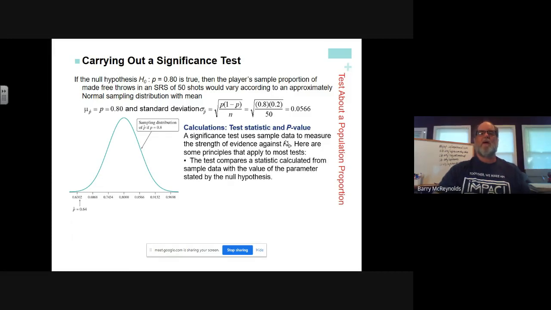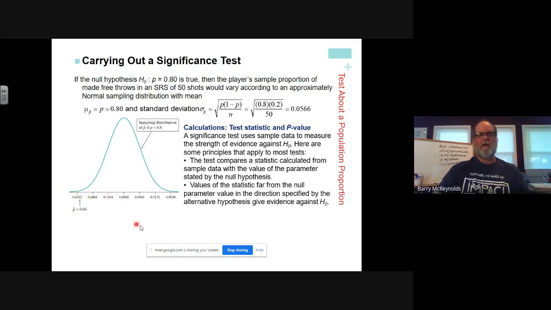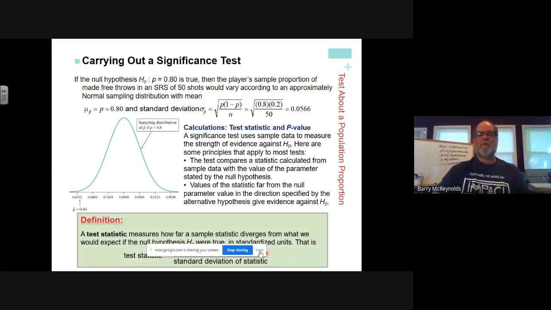Okay, so the test compares a statistic calculated from sample data against the parameters stated by the null hypothesis. The values of the statistic far from the null are good evidence against the null hypothesis. And we can already see that we have a point estimator that's pretty far away. So we're kind of leaning in that direction. We wouldn't be surprised here if we reject it.